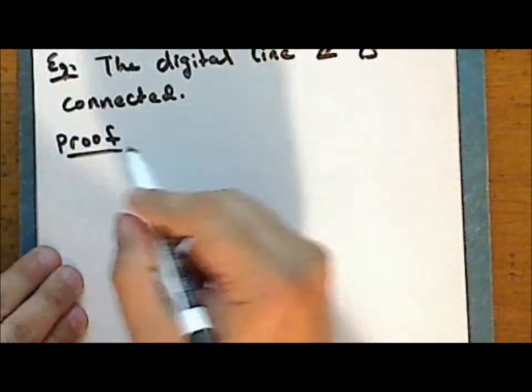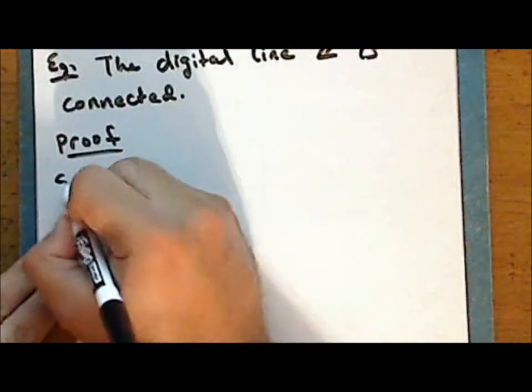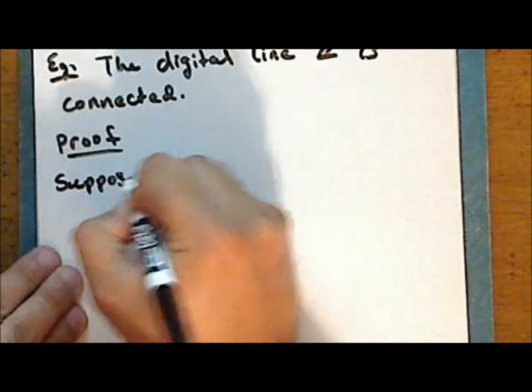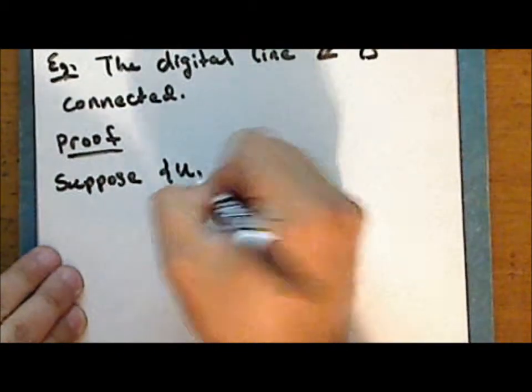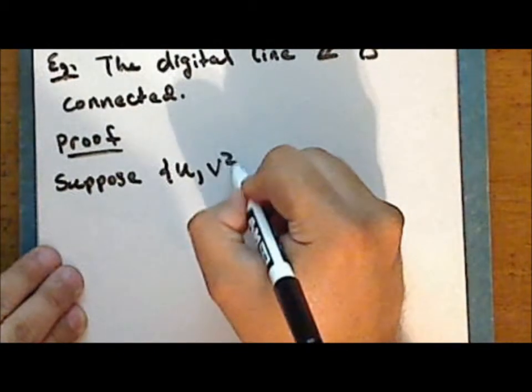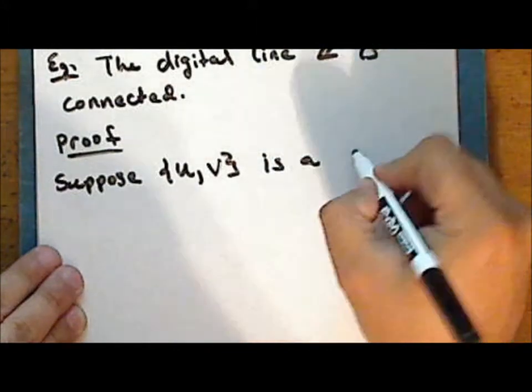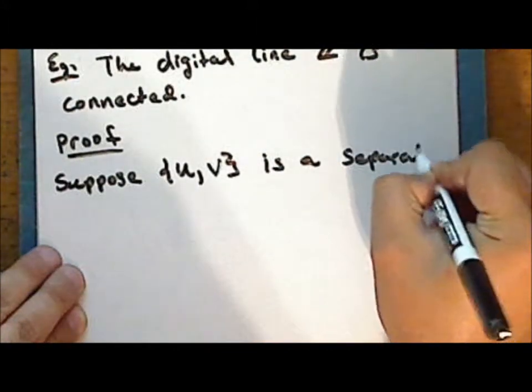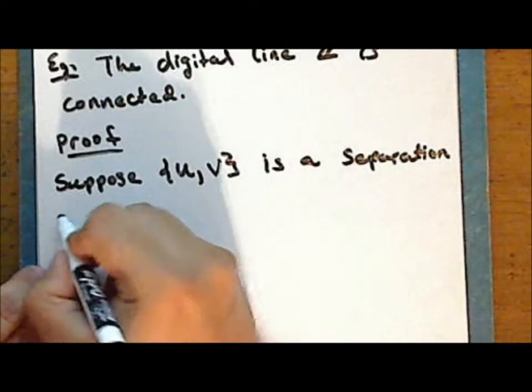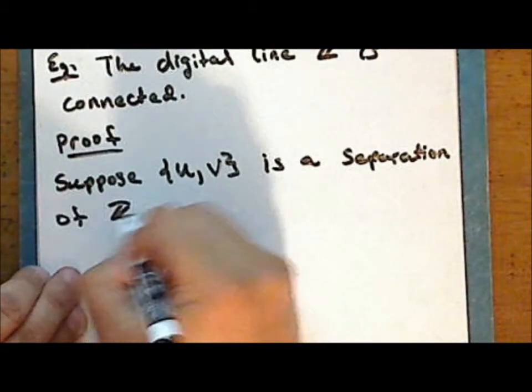We'll prove it by contradiction. So suppose that the set containing U and V is a separation of the digital line.